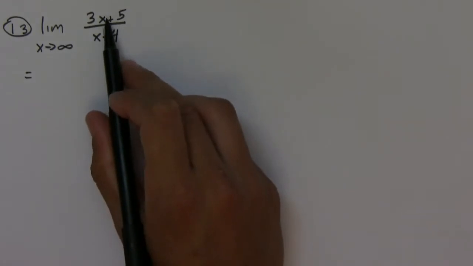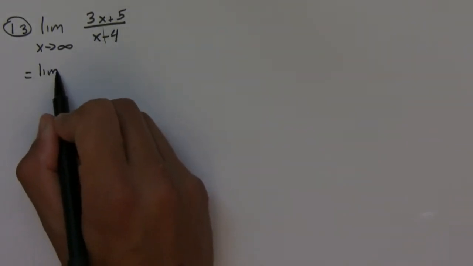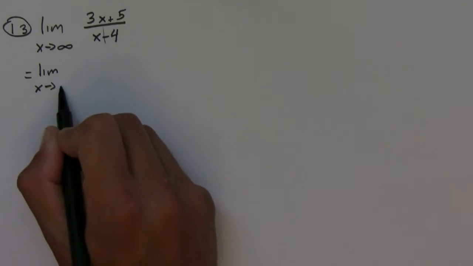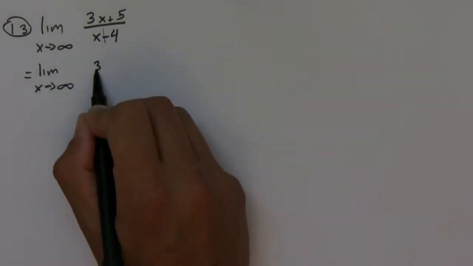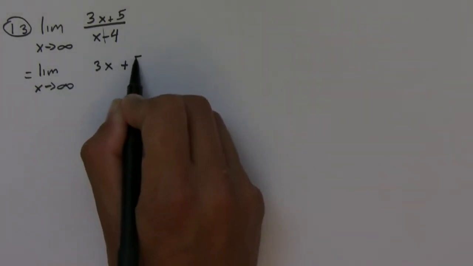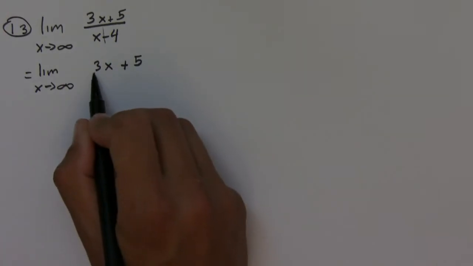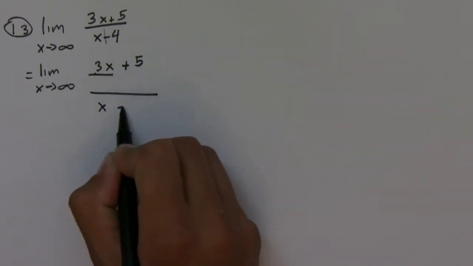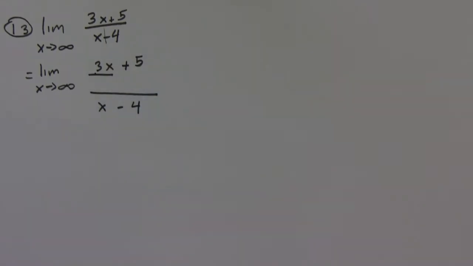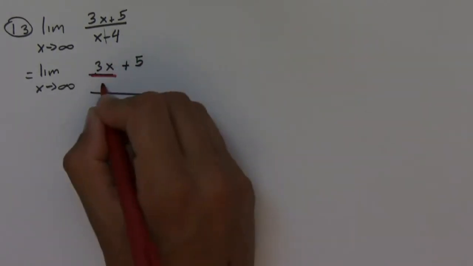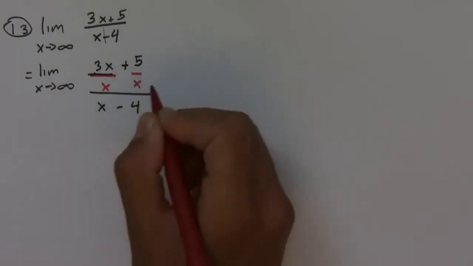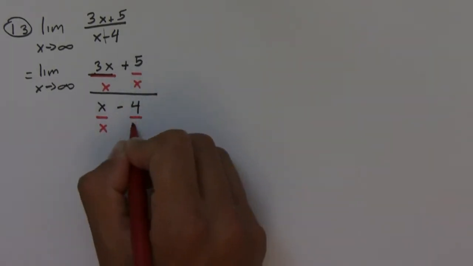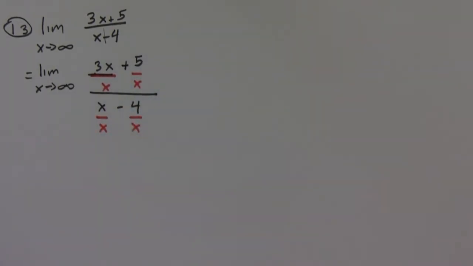And so here the highest power is 1, so that means that we're going to divide the numerator and the denominator by x to the highest power. I'm going to divide everything by x, because that's what the highest power is. And then I'm going to simplify.